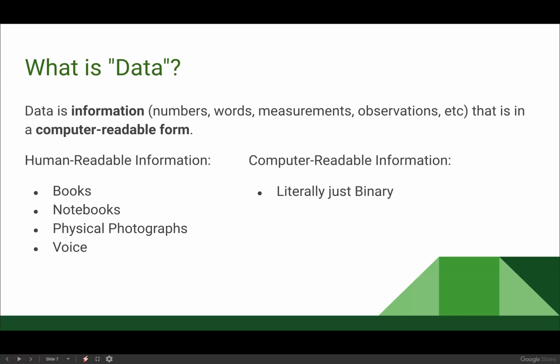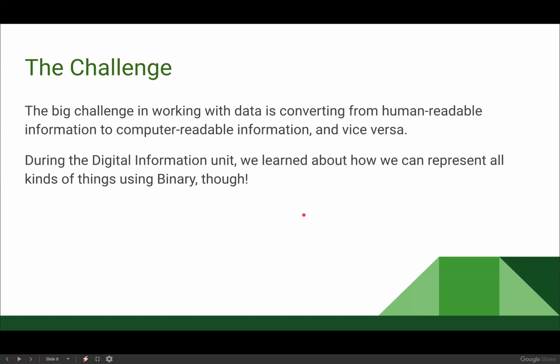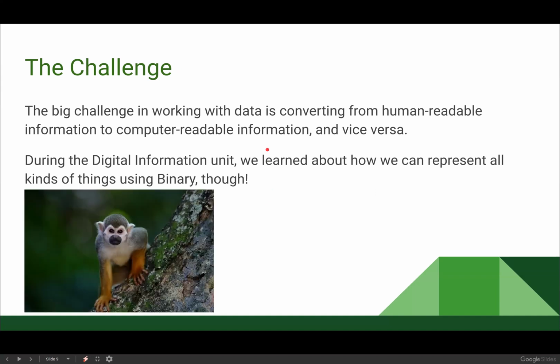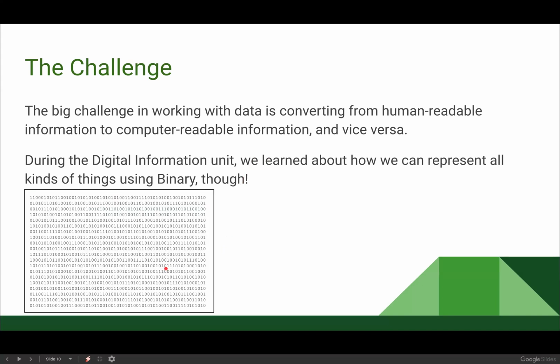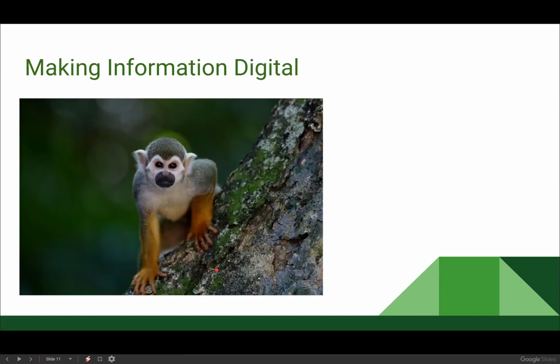And that's why we discussed that in the digital information unit as a whole. So our challenge, like I just said, is translating back and forth between those things. Using all the information we learned from the digital information unit, we learned how to represent all kinds of different things using binary. For example, we talked about how we can represent an image using just ones and zeros by using the RGB values.